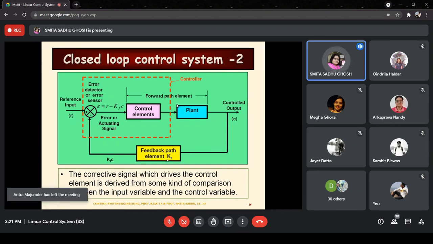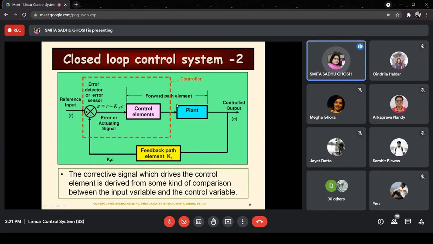So in the general case, we would be having the difference between the input signal and some signal which is derived from the controlled output. So R minus KFC is equal to epsilon.